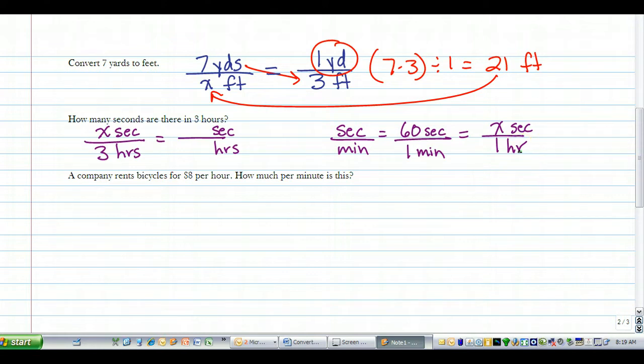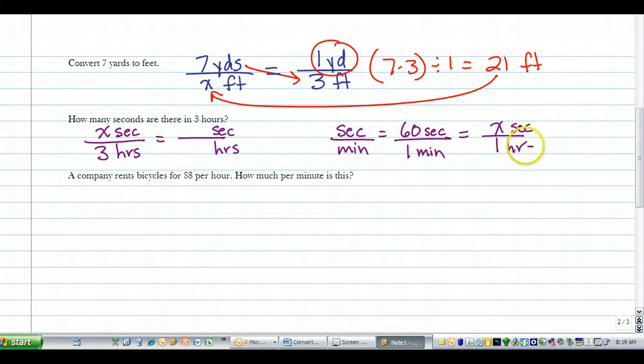And that was the bell for first hour. Okay, so I've got seconds and seconds, I've got minutes and hours. So I've got to change my hour to minutes. So how many minutes are there in 1 hour? 60.